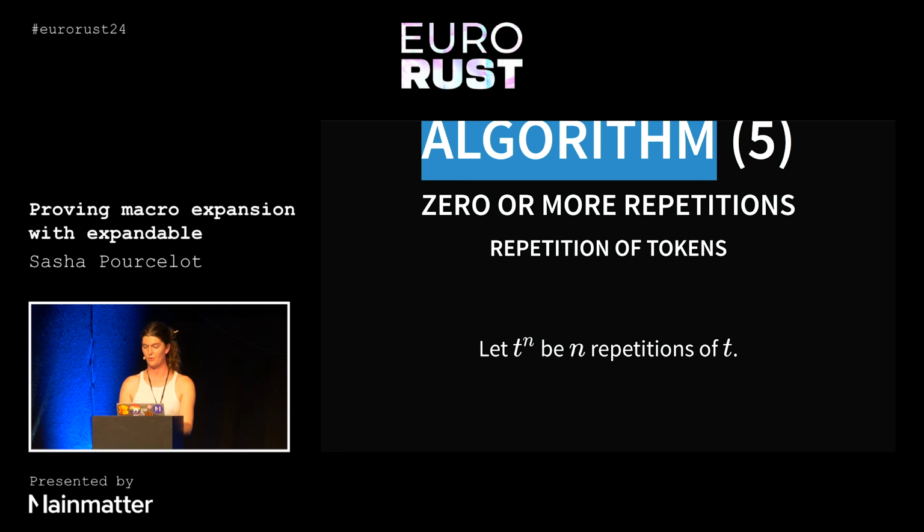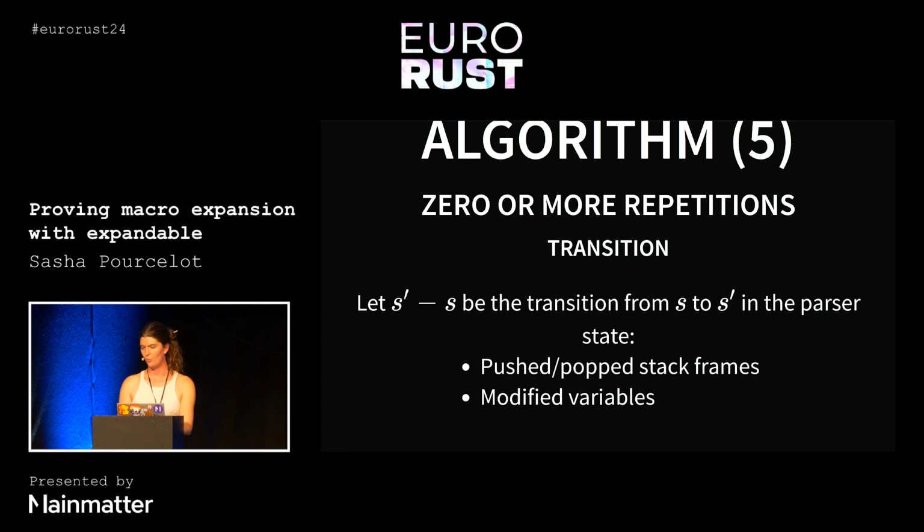The definition of what happens if we parse 0 or more repetitions is a bit more tricky. It relies on several steps. First, we need to define a quick notation helper. So t to the power of n represents n repetitions of the sequence of tokens t. We also need to define the notion of transition. So a transition is every change that can be observed between two states.